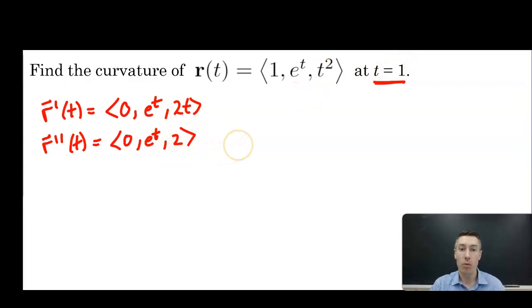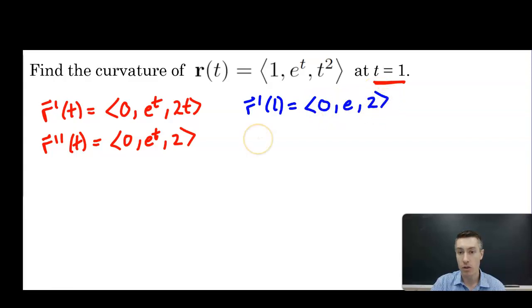So instead of working with vectors that have t's in them, we can work with constant vectors when we go to do our cross products and our magnitudes. So we can evaluate r prime at 1, which is going to be 0, e, 2, and r double prime of 1, which is going to be 0, e, 2.